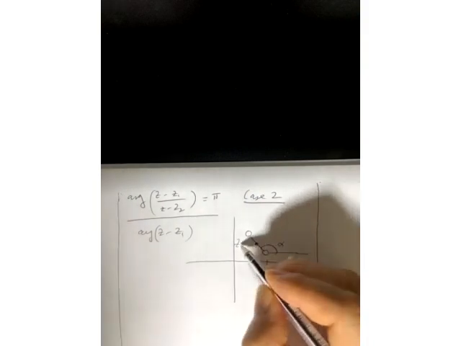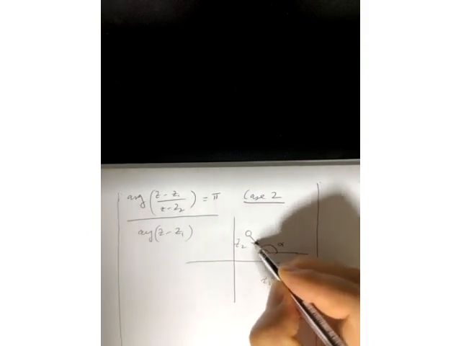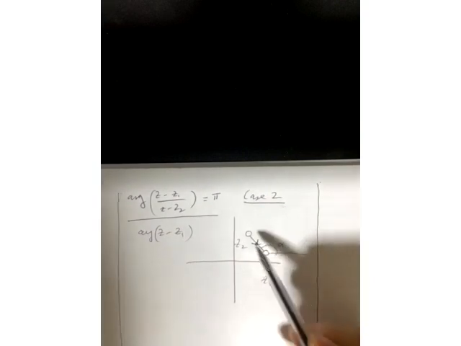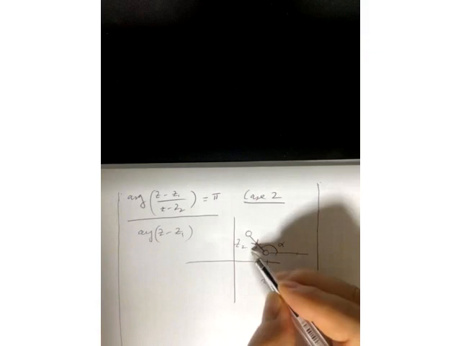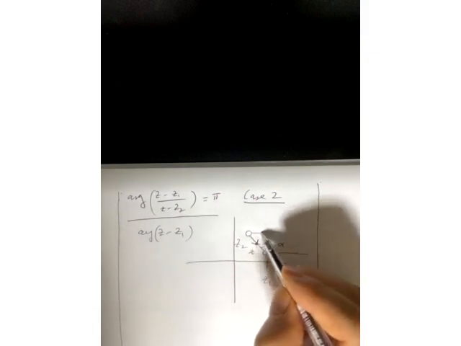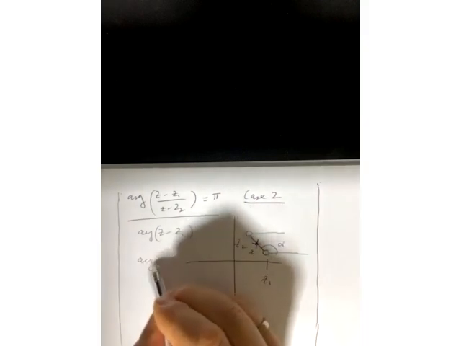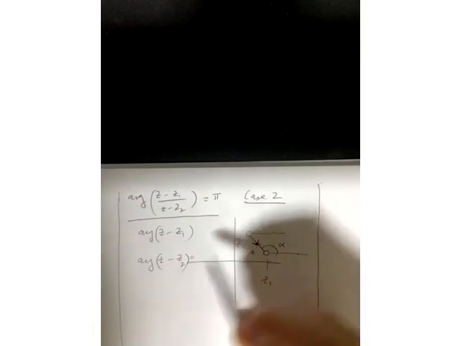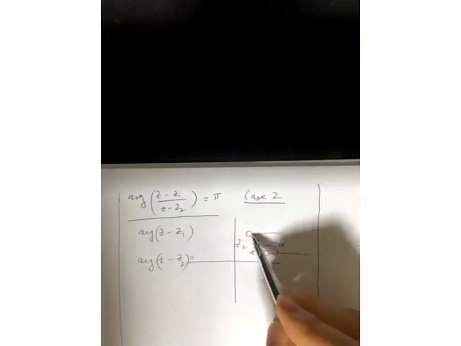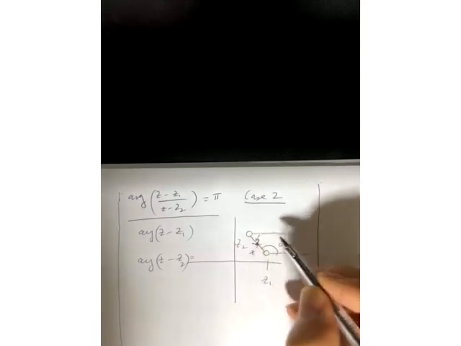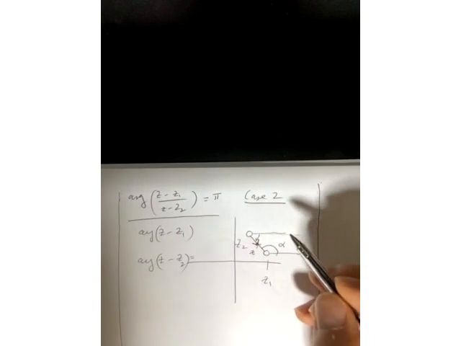And if you look at z2, then that vector there that I've just drawn is z2 to z. This is z, by the way, one in between. And by definition, arc of z minus z2, the angle that the vector from z2 to z makes with the positive direction of the x-axis, is this angle here. And because it's going down that way, this angle is negative.